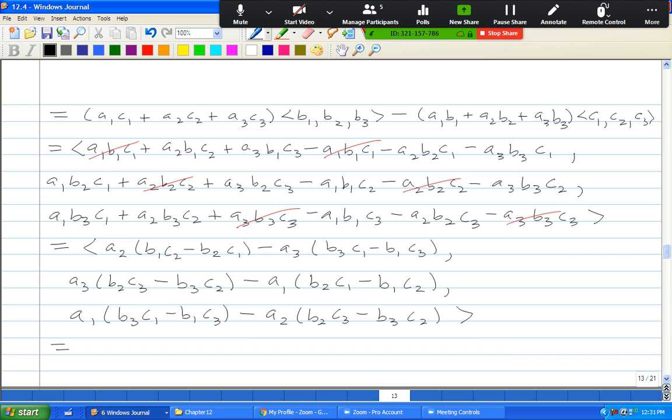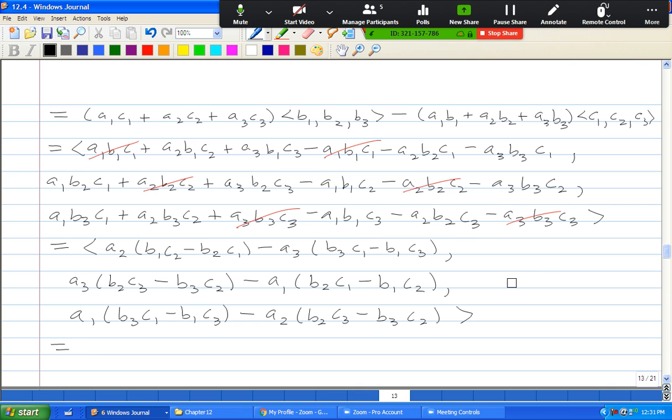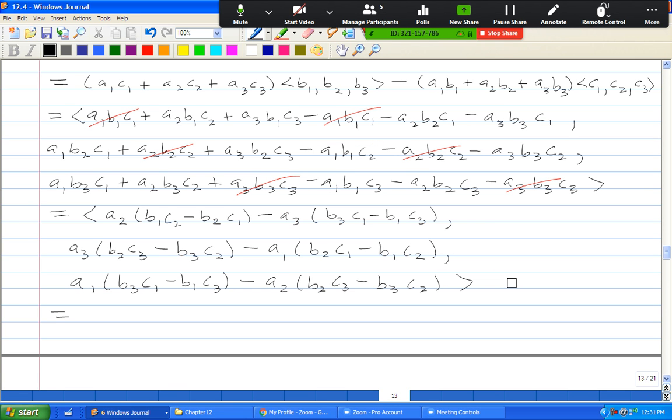Okay, so this is equal to. See if there's an easier way to do this. You can do this. So this is a cross product there.